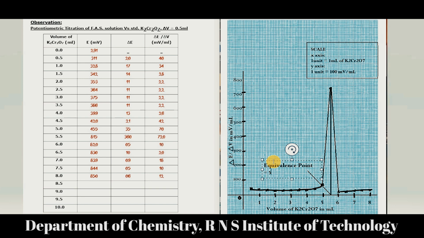That is equal to 5.5 ml. By using this equivalence point, we will find out the strength of FAS taken.